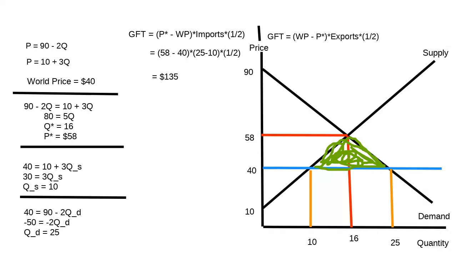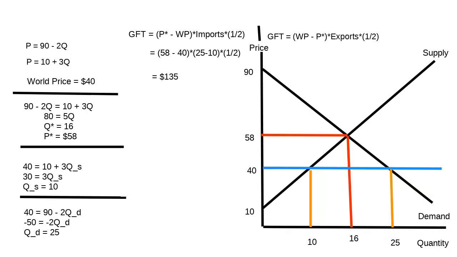So we're going to make use of our work in the previous problem. So we again have a world price of 40. And so again, we're going to be importing.